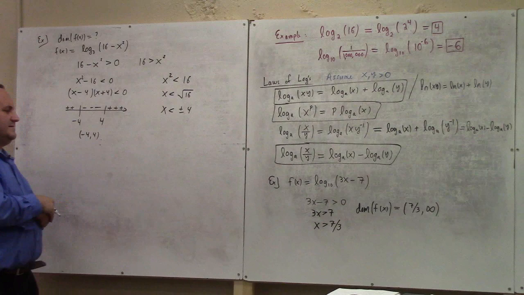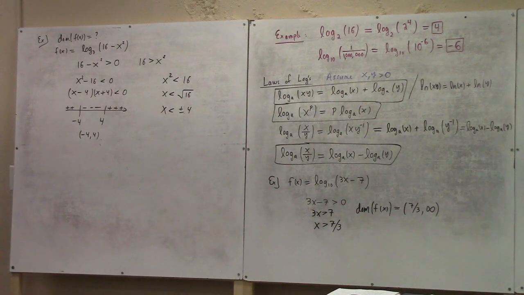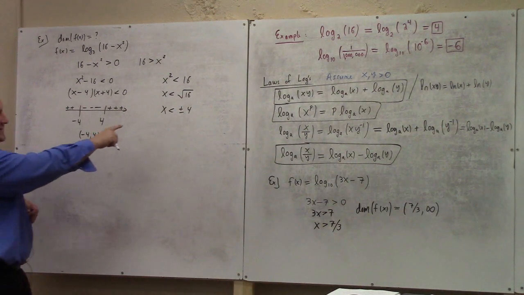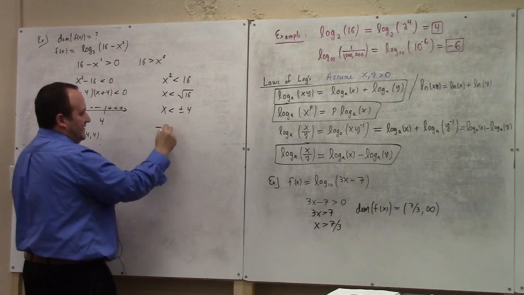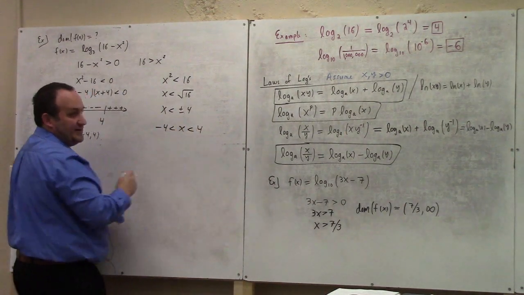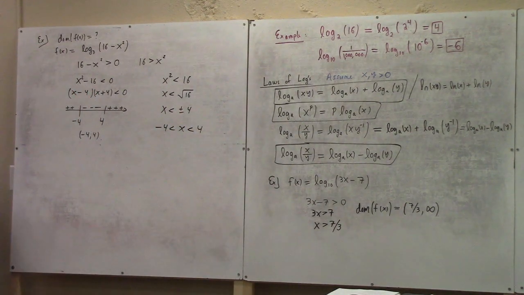Can x be both less than 4 and less than minus 4? So you're interpreting this to mean minus 4 less than x less than 4? Isn't that the same thing as what you wrote on the other side?